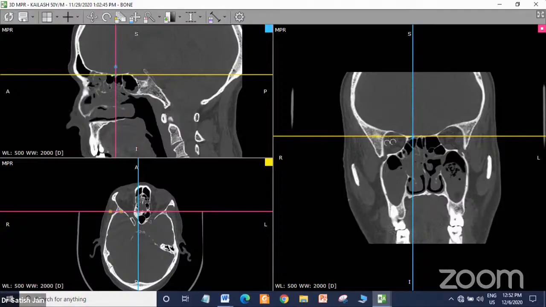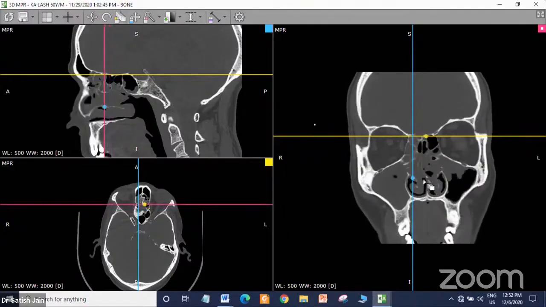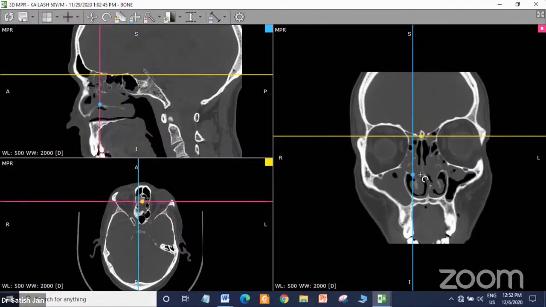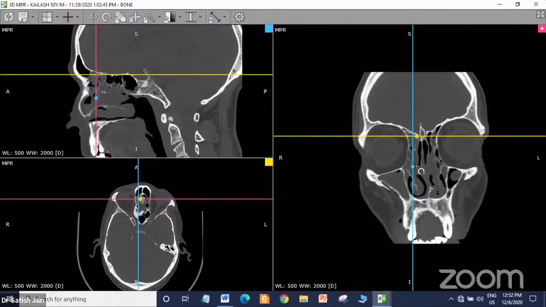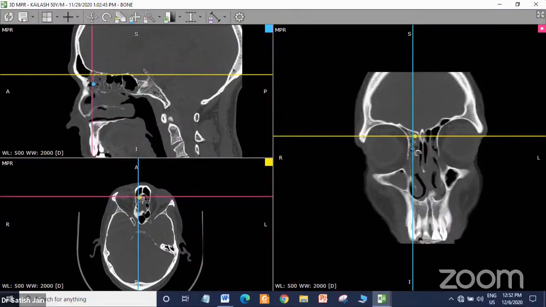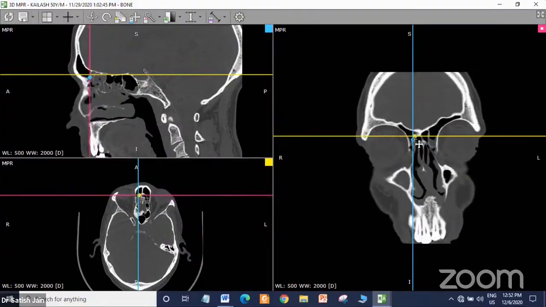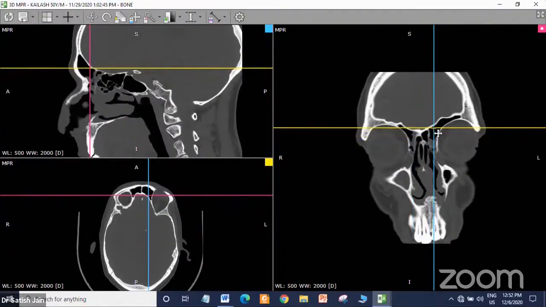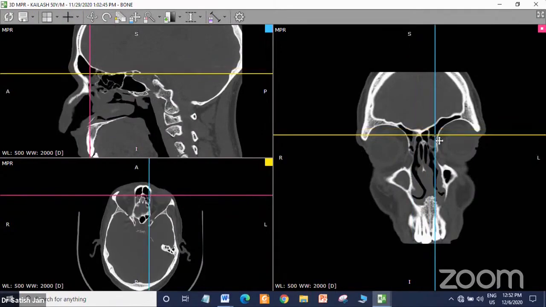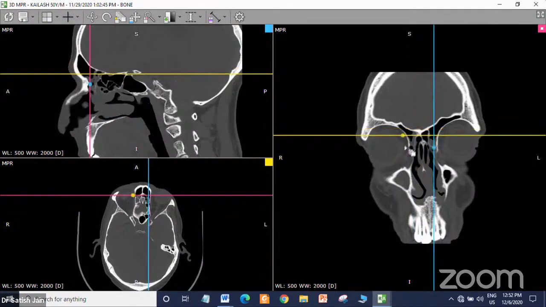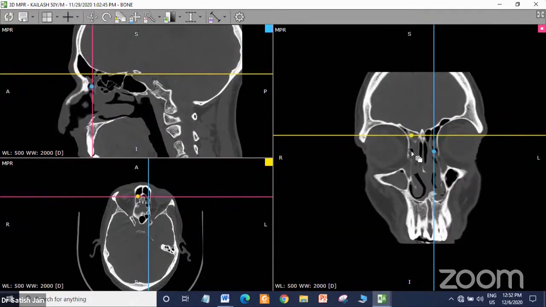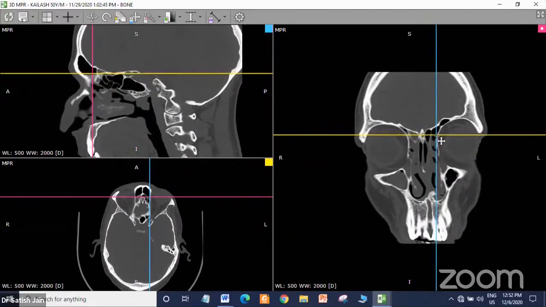Because suppose I am running in the coronal plane and want to see what cell is what, you can easily see. See, if I run this, now this is a supraorbital cell. This is a supraorbital cell going beyond.